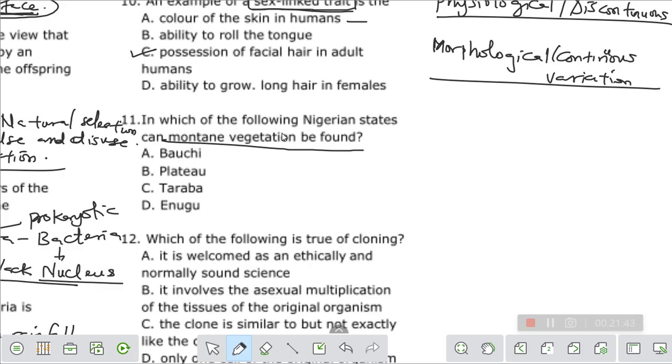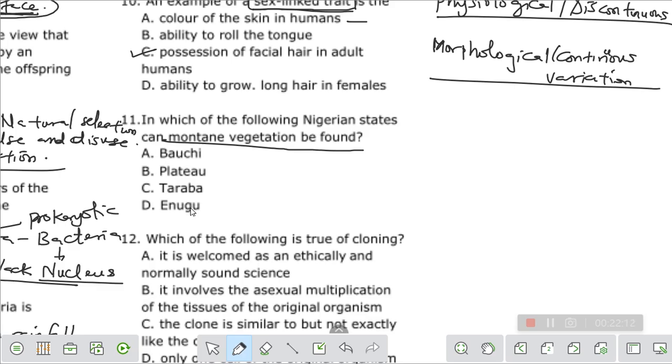Is it Bauchi? Is it Plateau? Is it Taraba? Is it Enugu? Please, this is not what they want to write, it's mountain. So which one do you think will be the answer?